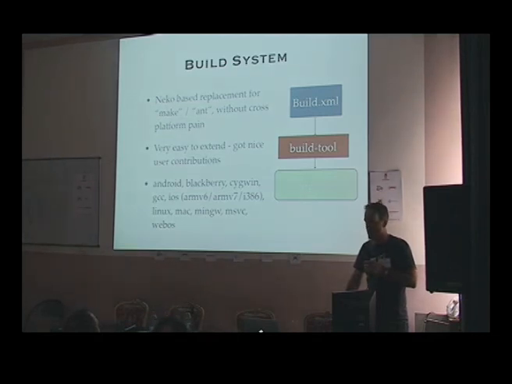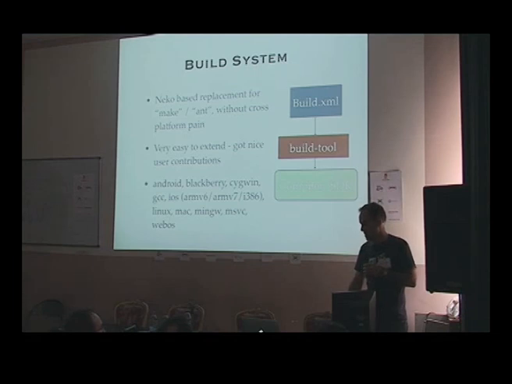Easy enough that we've had other people, particularly Joshua, contribute whole back ends, like the BlackBerry and the WebOS, which are user submitted contributions, and they're really only 50 lines of code that's pretty easy to read. So if you want to get in and change some compiler settings or make a new compiler, it's actually pretty straightforward.